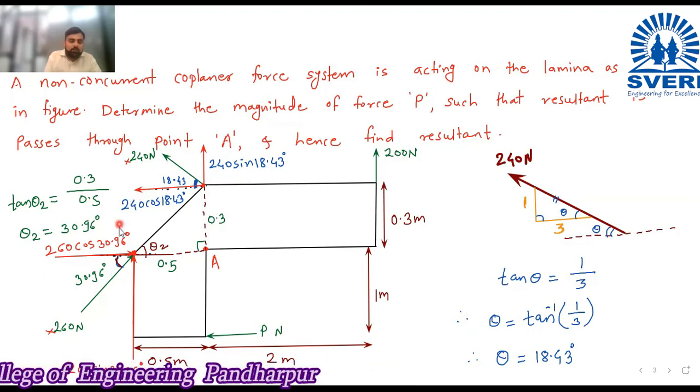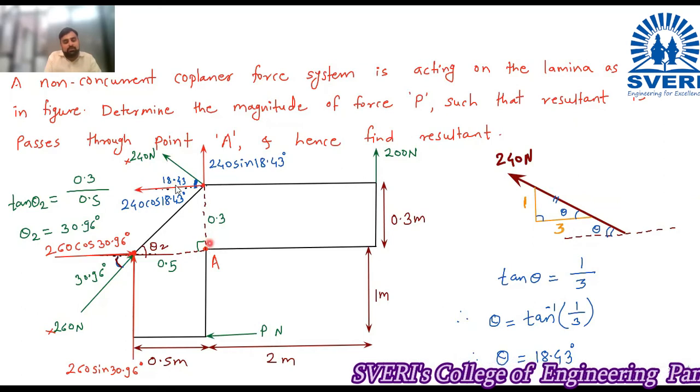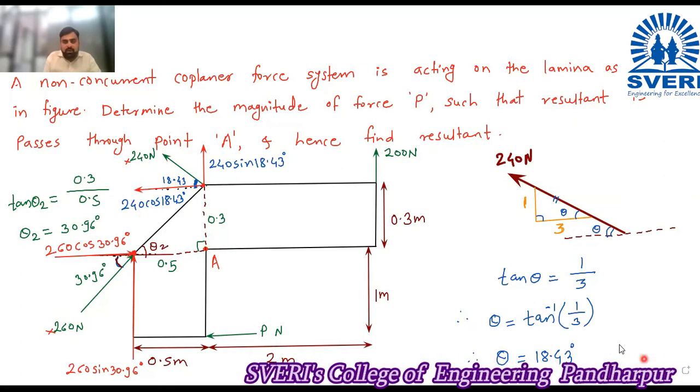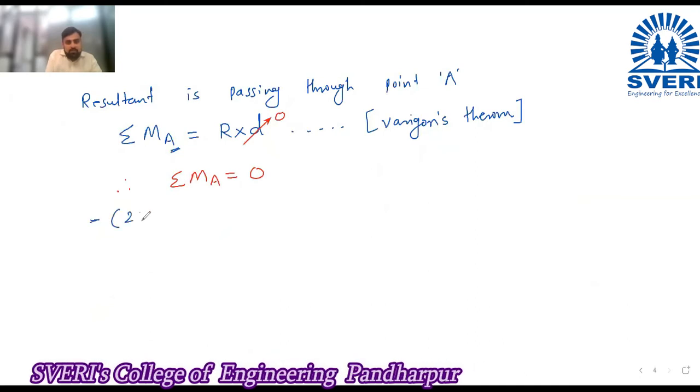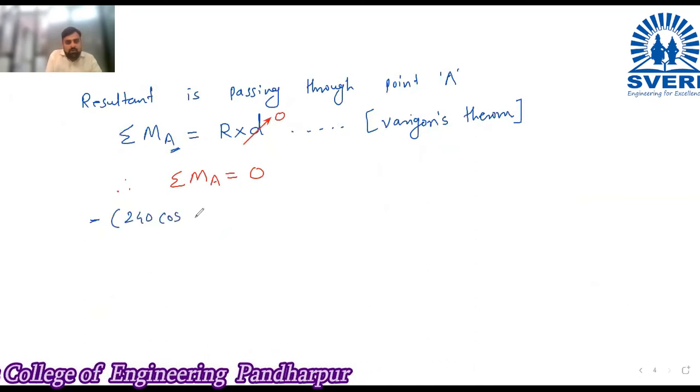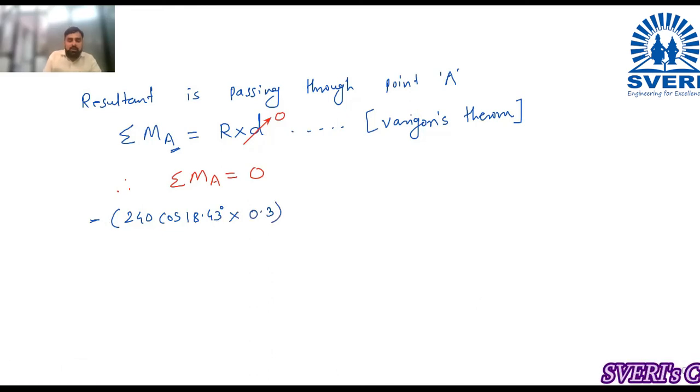Now rotate that force about point A. What is the direction of rotation? Anti-clockwise. So anti-clockwise means it is positive or negative? Negative. So here I will write minus 240 cos of 18.43, this is the force, into distance 0.3, and it is minus because it is anti-clockwise.